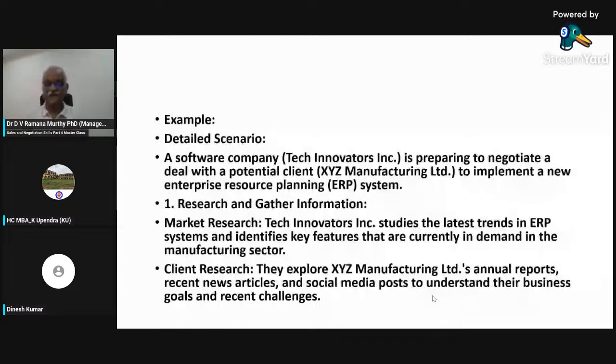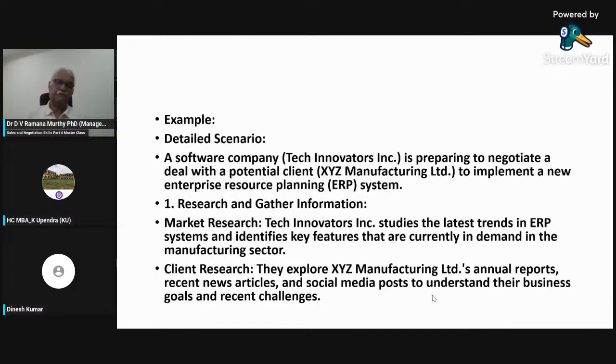So you can understand clearly the information needed for the manufacturing sector, and whether our ERP system as designed can best suit that or not. Market research can help to answer this question.